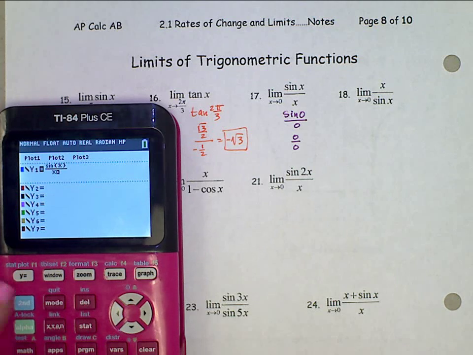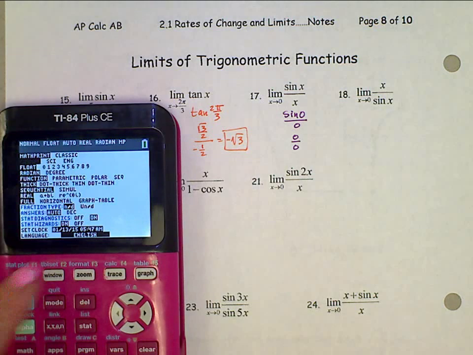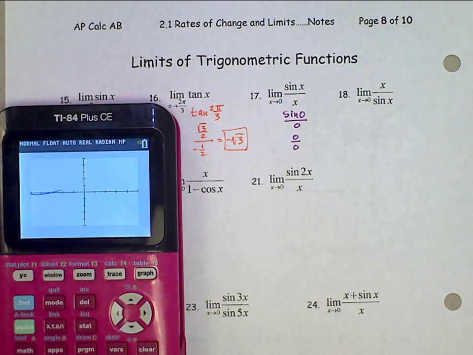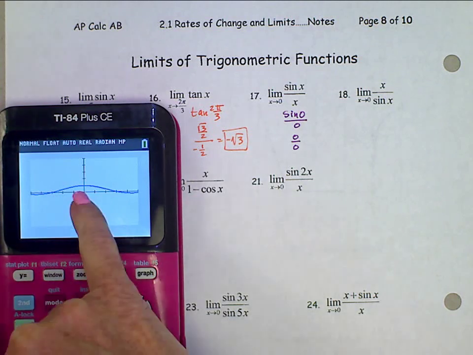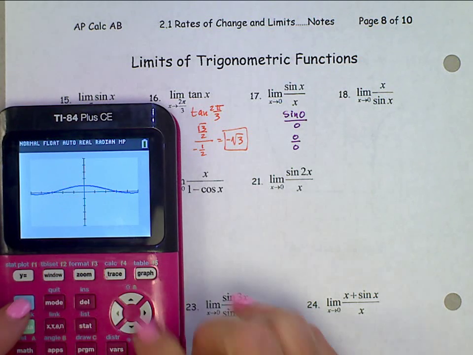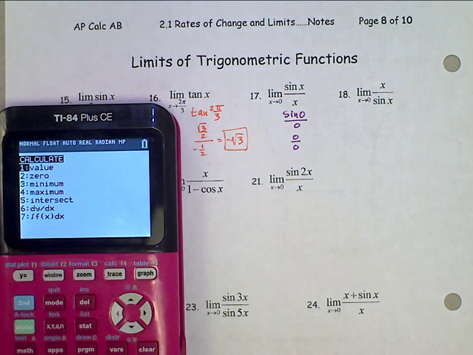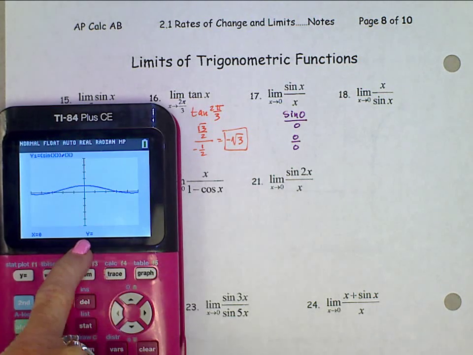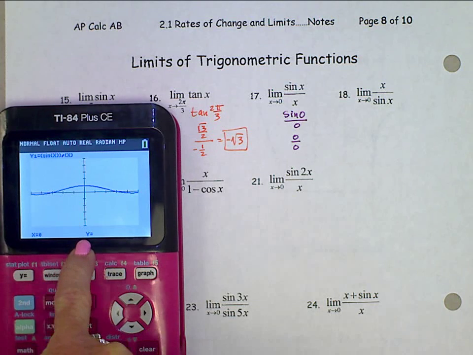Make sure your calculator is in radians and set the window to be -5 to 5 in the x's, -5 to 5 in the y's, and we graph. We see something like this. And with our window, it appears that the limit is 1. If we go through and just verify that, if we do a value at x is 0, we see that there is no y coordinate here at all, which makes sense. There isn't anything there.